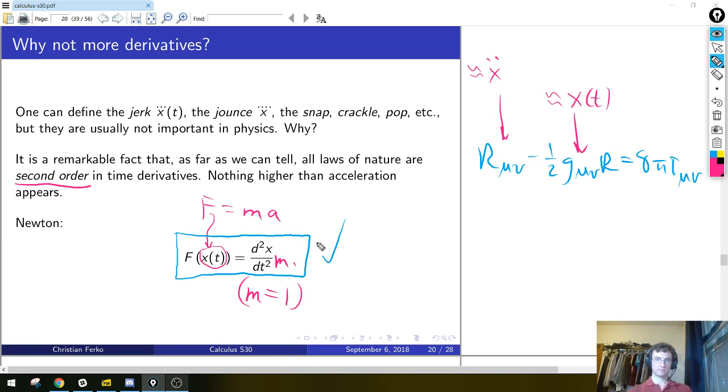Thoughts on this? So why not more is basically we don't know. At a deep level, you can ask, why is it true that nature's laws only involve a second derivative? When you ask that question, you are no longer doing science, and now you're doing philosophy.